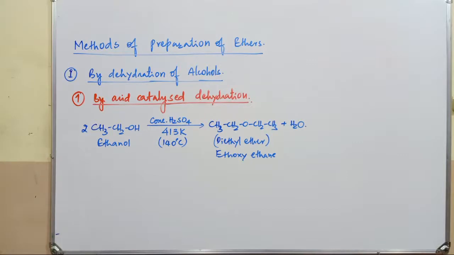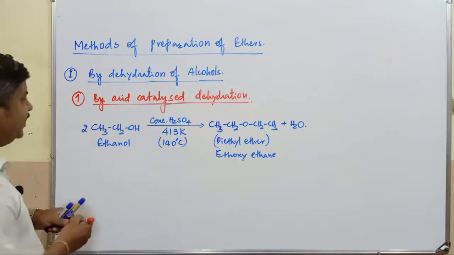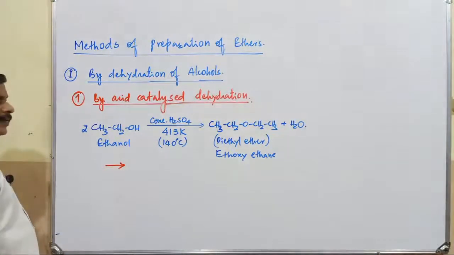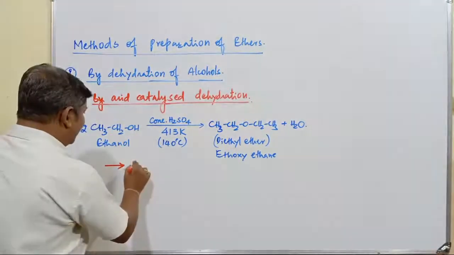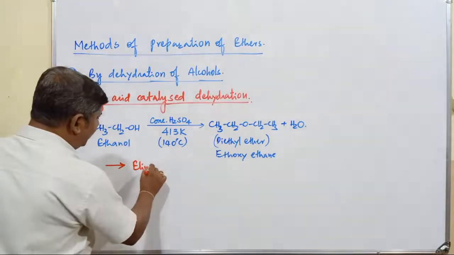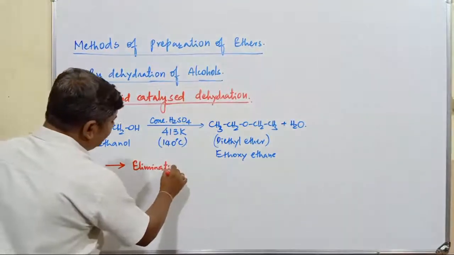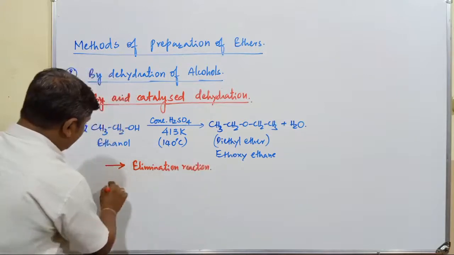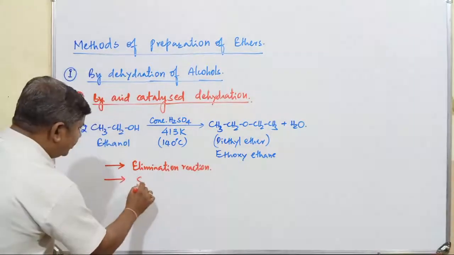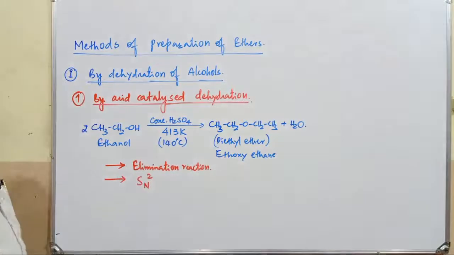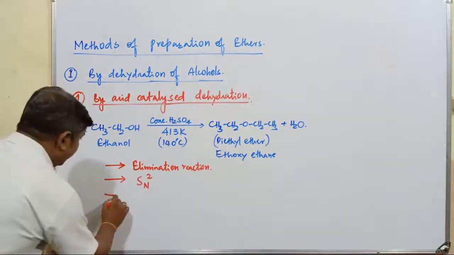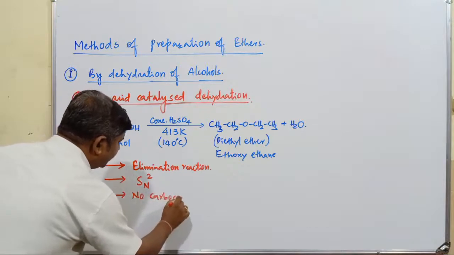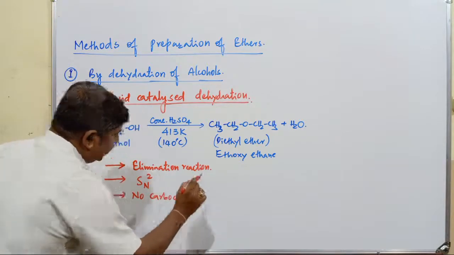What are the important points to remember in this case? The first important point: this is an elimination reaction. Dehydration is considered an elimination reaction. And this particular reaction follows the SN2 mechanism. When SN2 mechanism is followed, there is no formation of carbocation.